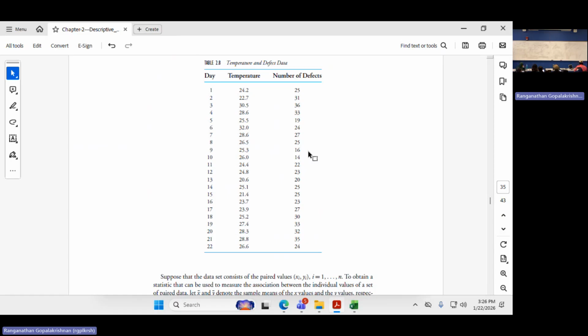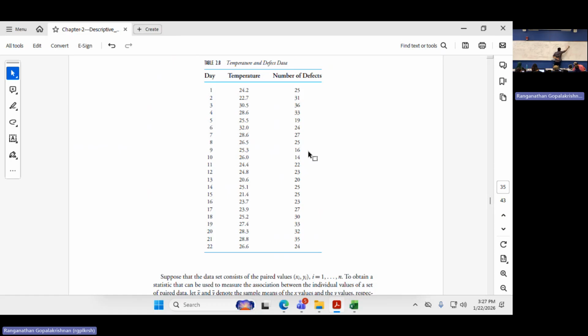So we want to calculate a parameter called a correlation parameter. We'll call it R, to tell us whether two variables have a correlation.